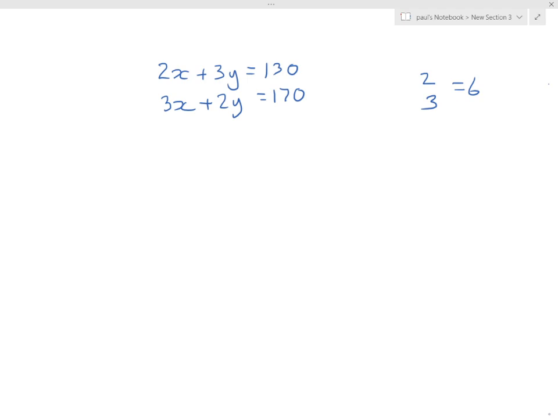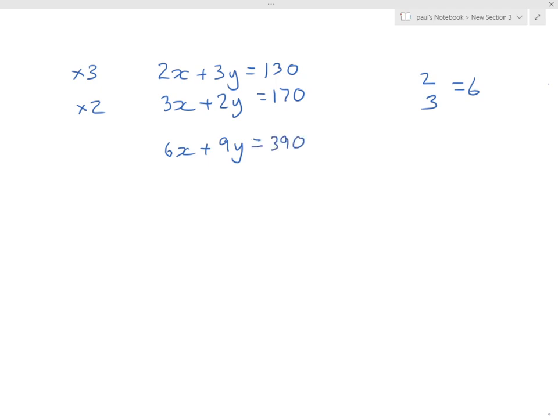So if we multiply the bottom one by 2 and the top one by 3, swap them round, then 3 2s are 6 and 2 3s are 6. And so we're going to get 6x, and it will be a matching pair. So 3 2s are 6x plus 3 3s are 9y, 330s, 390.